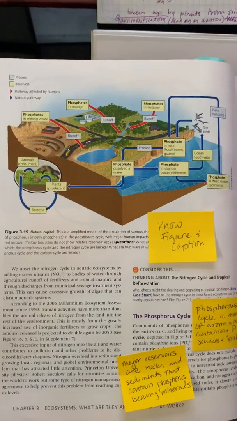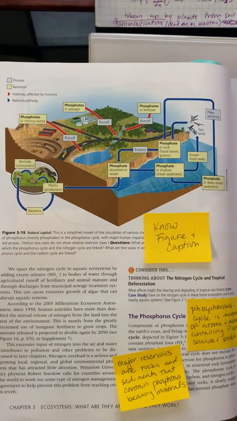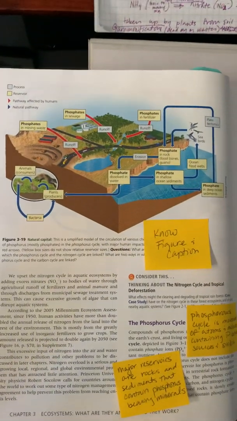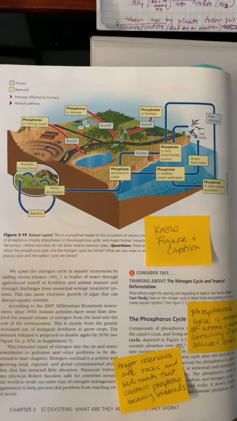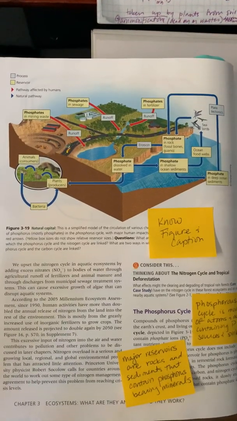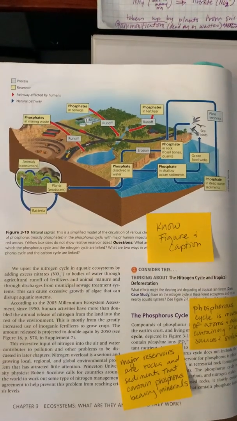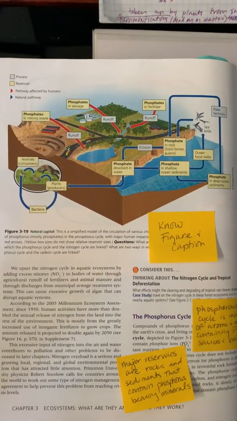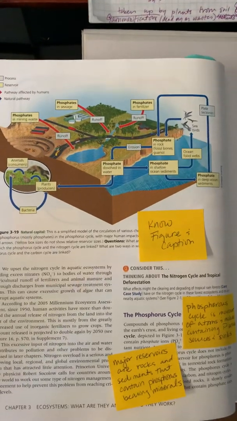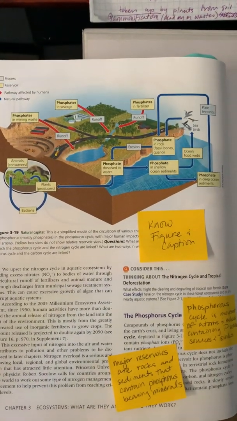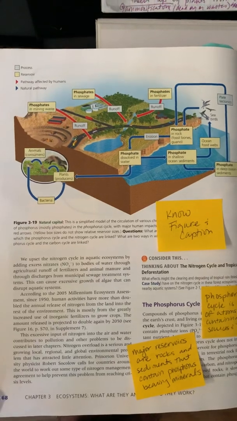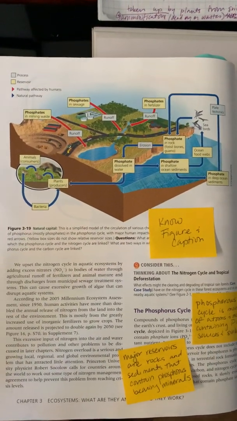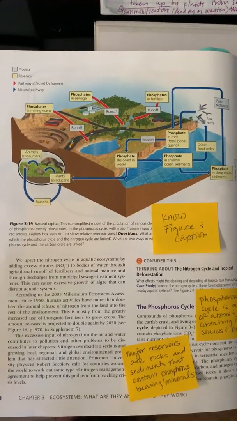Or if it's available in large amounts, like with a lot of fertilizers and detergents that make their way into the water through runoff, we end up seeing things develop like algal blooms, where a lot of algae gets produced because of the excessive amount of phosphorus that's now available. That is going to use up a lot of oxygen in the water, which will suffocate a lot of aquatic animals. And then it's also going to block out the sunlight for organisms that live closer down to the bottom.